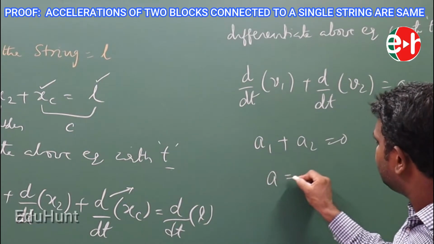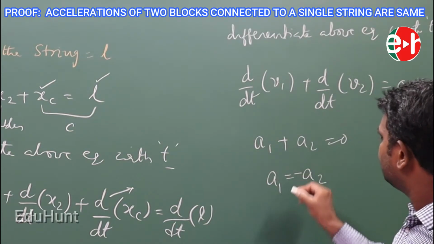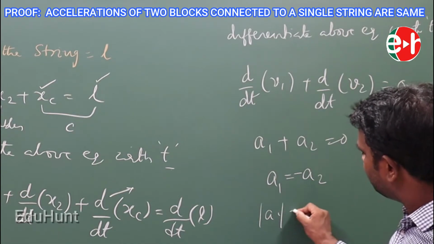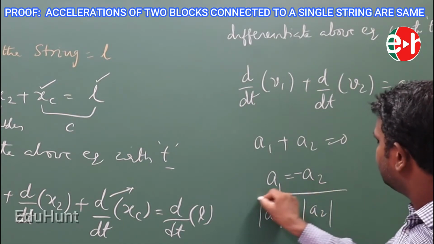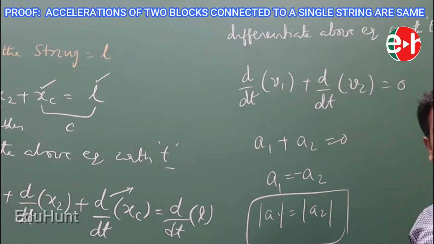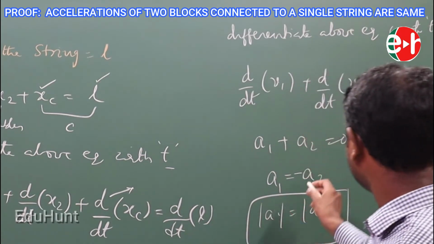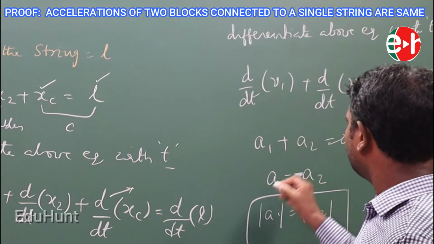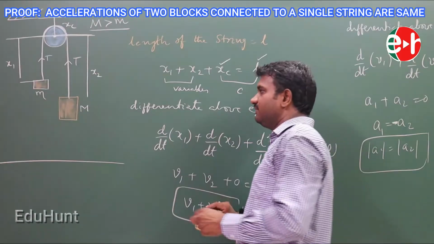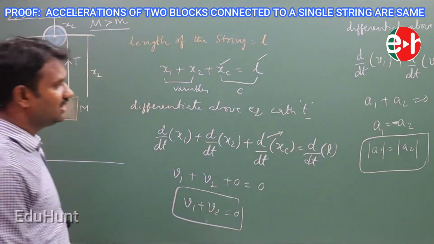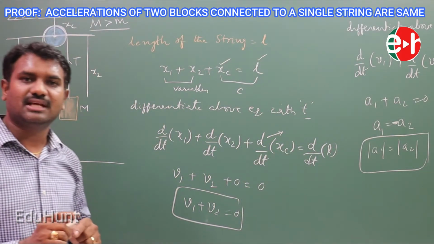Means a1 is equal to how much? Minus a2. But minus means modulus of a1 is equal to modulus of a2. Means a1 and a2 have the same magnitudes. This minus indicates that both are moving in different directions. If one is moving in the upward direction, the other moves in the downward direction, but their magnitudes are same.